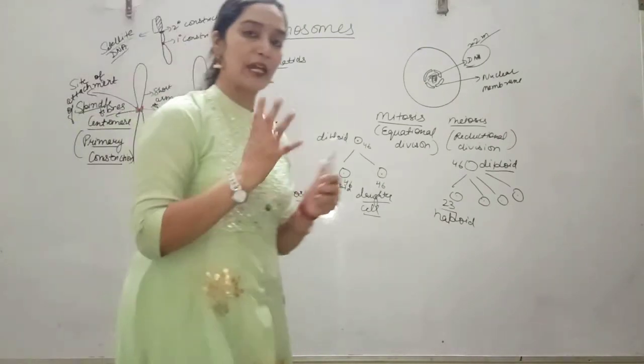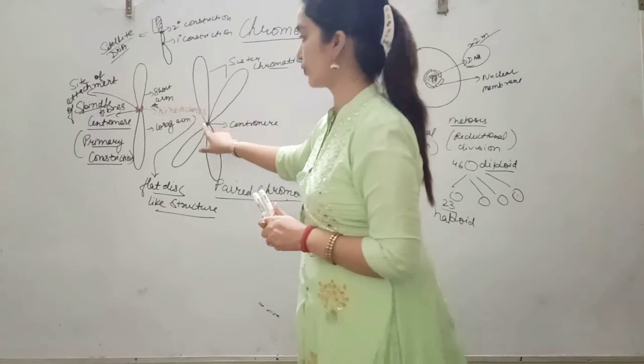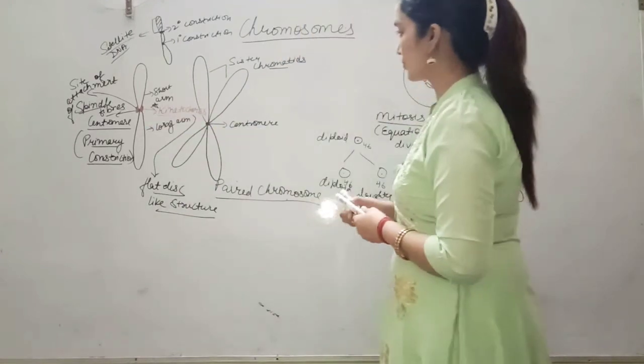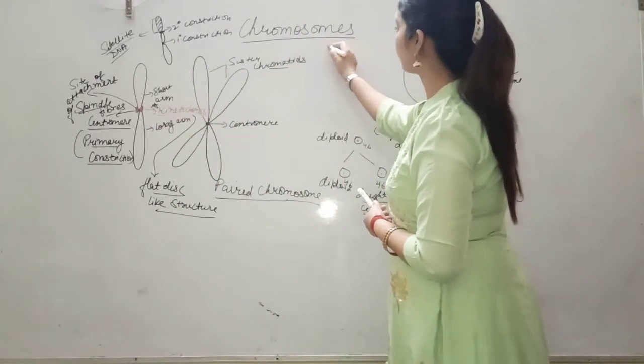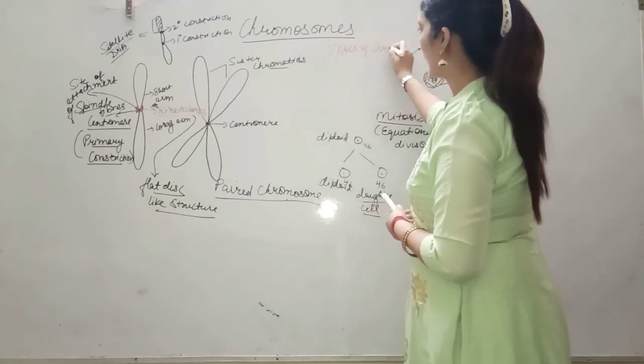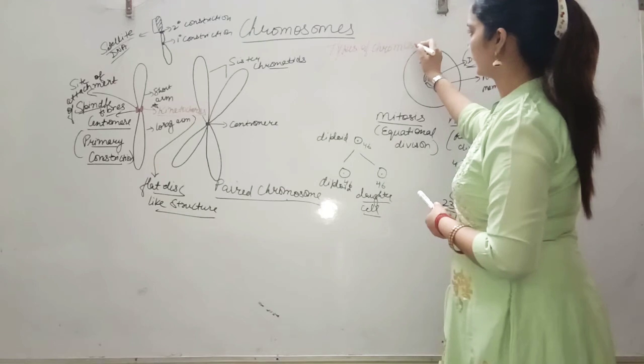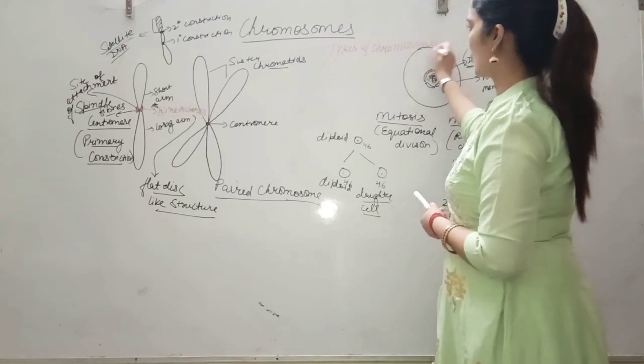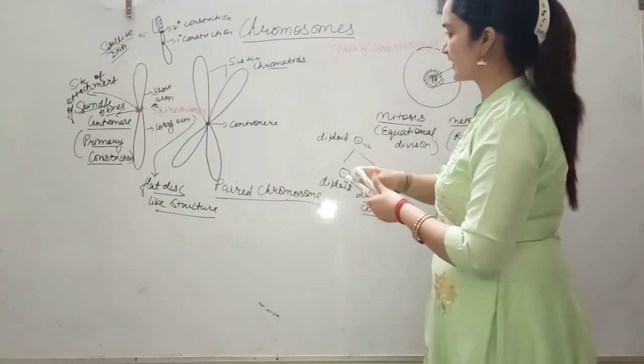Now coming to types of chromosome on the basis of position of centromere. Students, I am talking about types of chromosomes. Types of chromosomes on what basis?